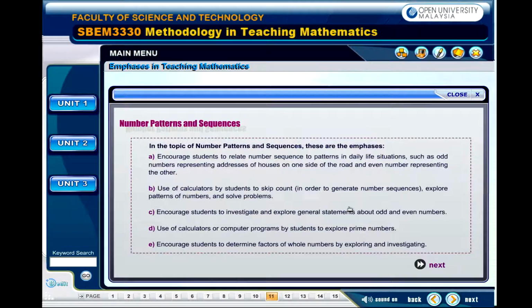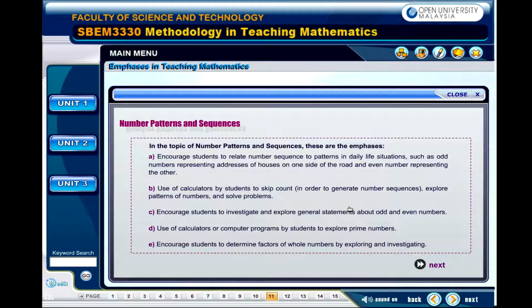In the topic of number patterns and sequences, these are the emphases. A. Encourage students to relate number sequence to patterns in daily life situations, such as odd numbers representing addresses of houses on one side of the road and even numbers representing the other.